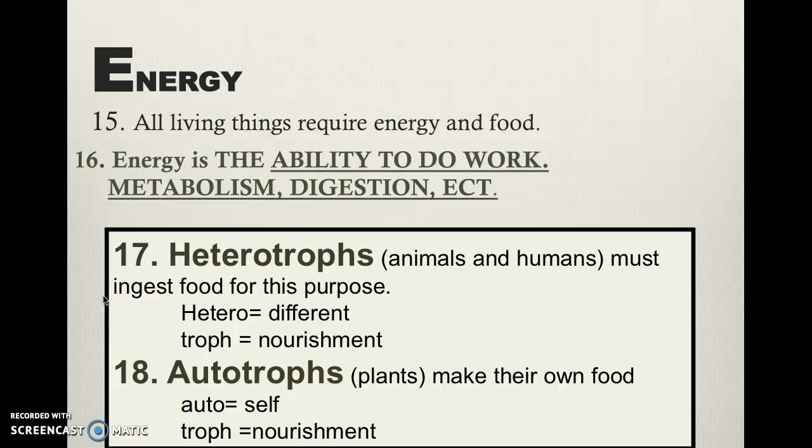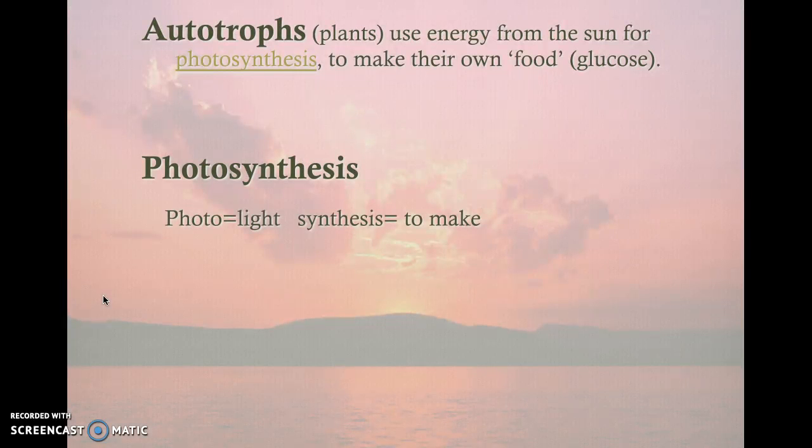Heterotrophs, which are animals and humans, we would consider ourselves in that group, must ingest food for this purpose, hetero meaning different, troph meaning nourishment. Autotrophs, which are plants, make their own food, auto meaning self, troph meaning nourishment. This is another nice picture of a sunset in the background. Plants use the sun to create that energy, and then we use that.